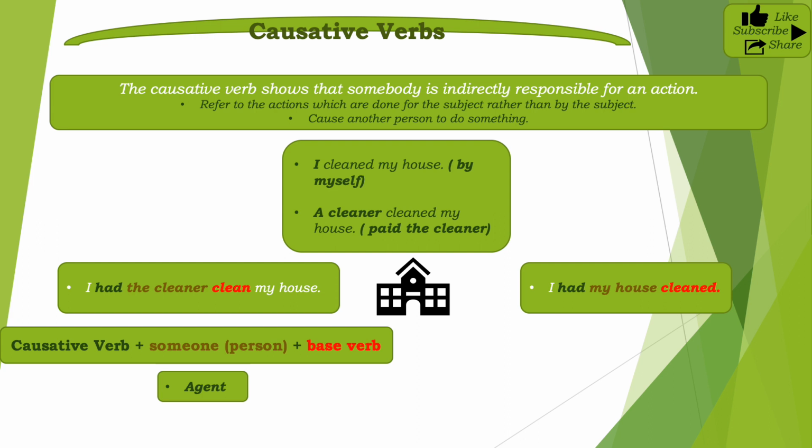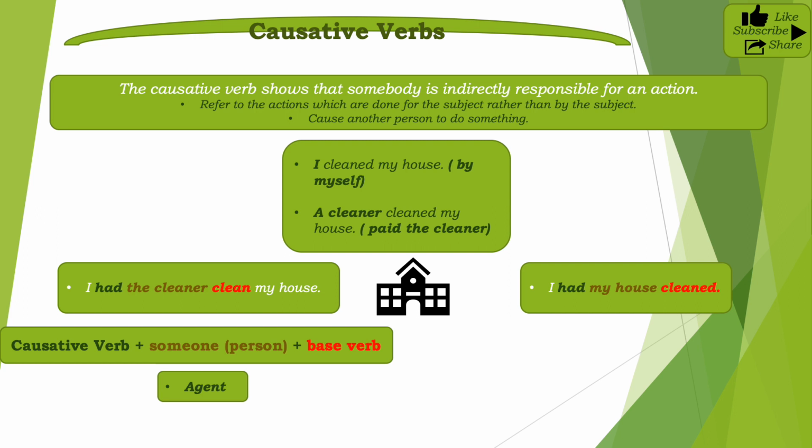In the first sentence, I said, I had the cleaner clean my house. But in the second sentence, I said, I had my house cleaned. It doesn't matter who cleaned my house. I had that task completed by somebody.